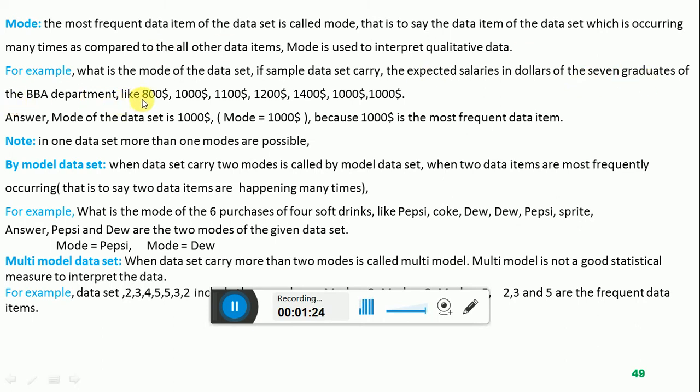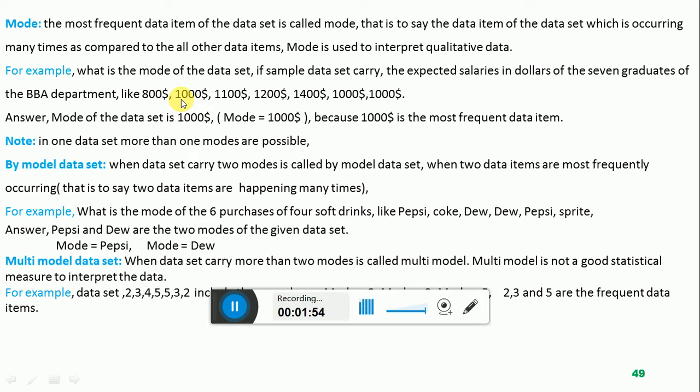The expected salaries are as given: $800, $1,000, $1,100, $1,200, $1,400, $1,000 and $1,000. This is one example which represents the expected salaries of the 7 graduates of the BBA department at Salam University, and this is our given data set.